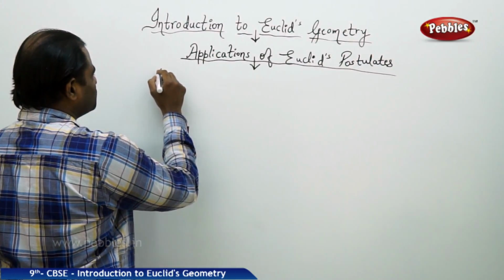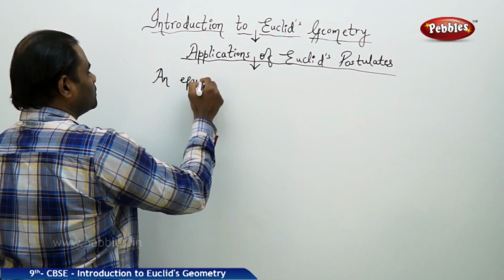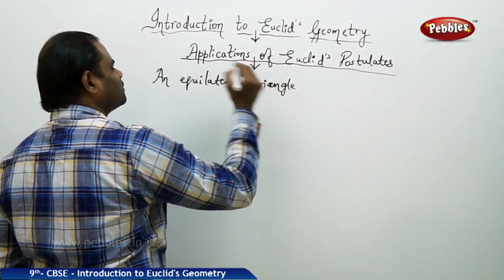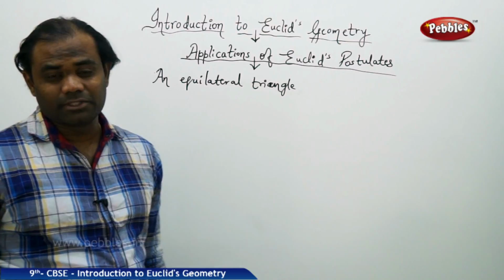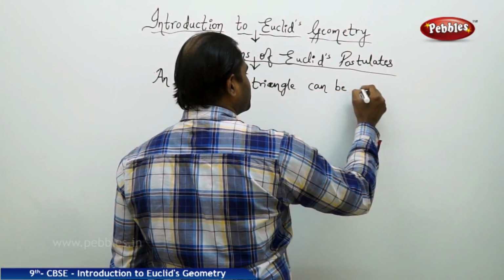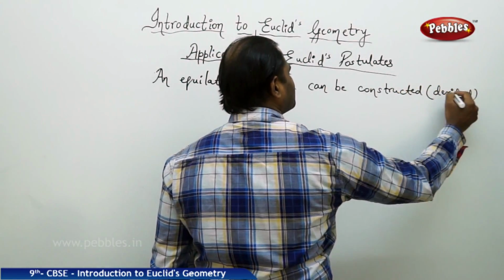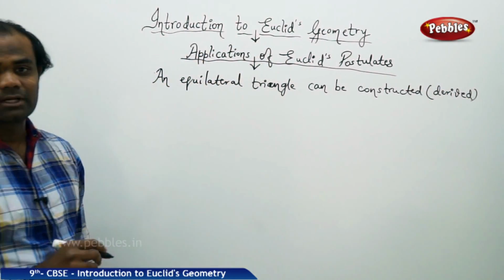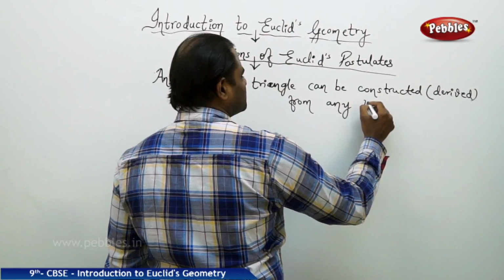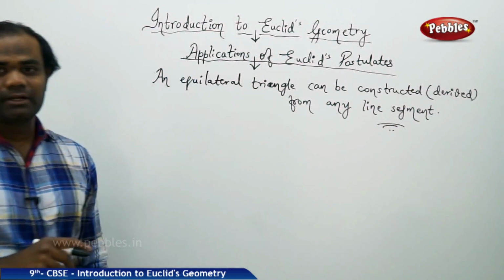Euclid has used his postulates to prove that an equilateral triangle, which is a triangle which has all 3 sides equal, as we know, can be constructed or derived from any line segment, is how we understand the postulate.